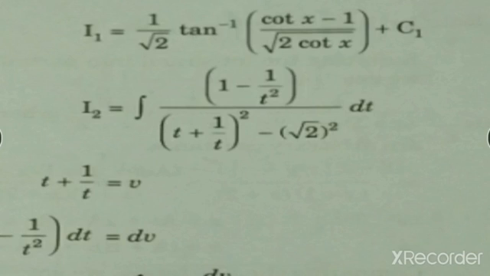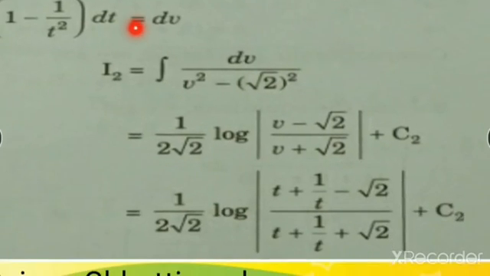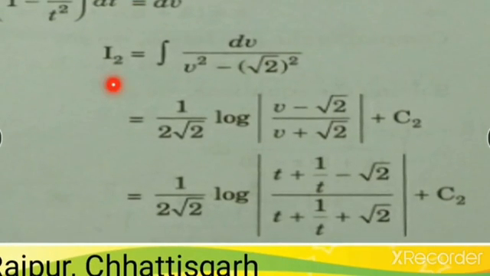Differentiating both sides with respect to t. See d dt of t is 1. d dt of 1 upon t is minus 1 upon t square. dt is equal to dv. Then I2 is equal to integration dv upon v square minus root 2 square.